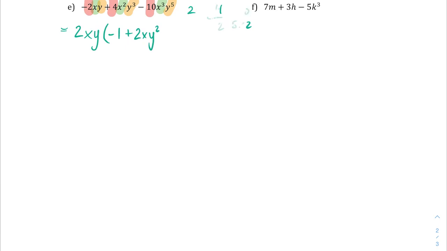Okay, let me erase this to make some space. And for the last term, 2 times y will give you negative 10, negative 5. x times y will give you x cubed, x squared. And y times y will give you y to the fifth, y to the power of 4. And then we're finished.